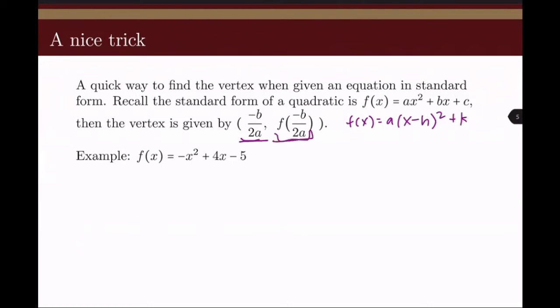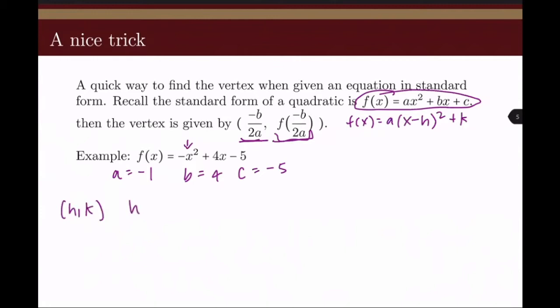So looking at our standard form of an equation up here, we can see that our a would be -1, since we have -1x squared. Our b is going to be 4, and our c is -5. Okay, so that means our vertex h comma k will have h equals -b over 2a, which is going to be -4 over 2 times -1, which is -4 over -2, which is 2.